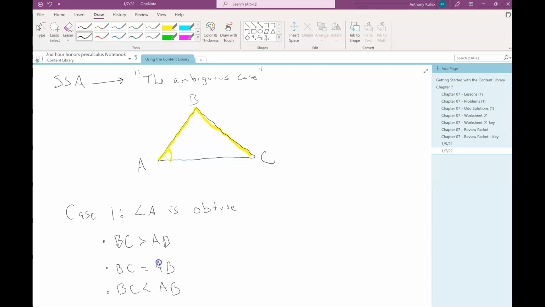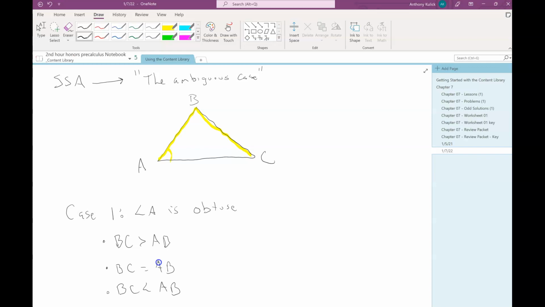So if angle A is obtuse, what does obtuse mean again? Greater than 90 degrees and less than 180 degrees, right? If angle A is obtuse, what does that mean about the side BC?